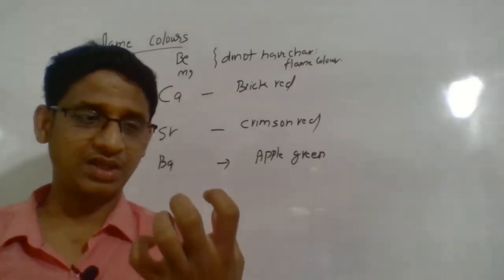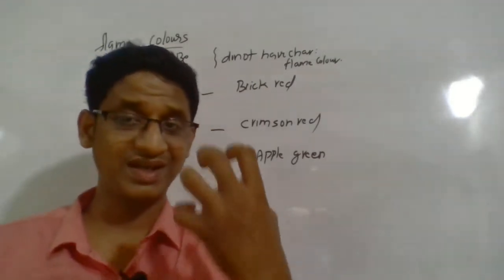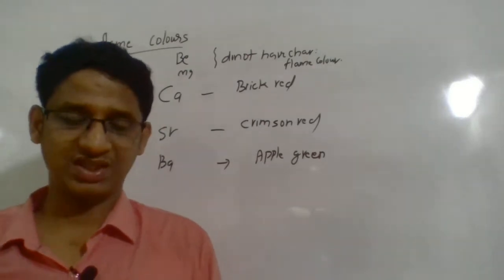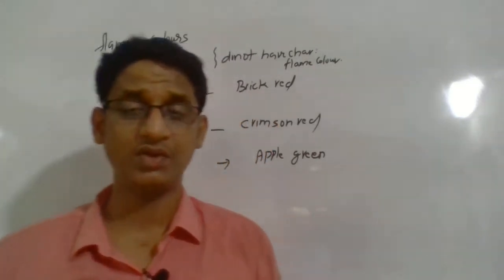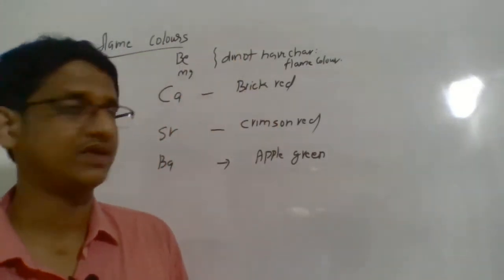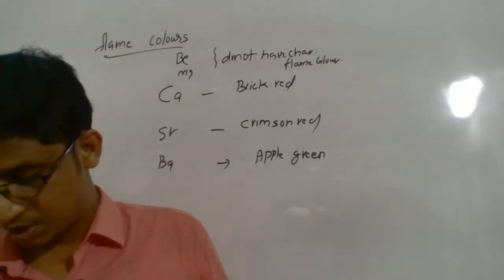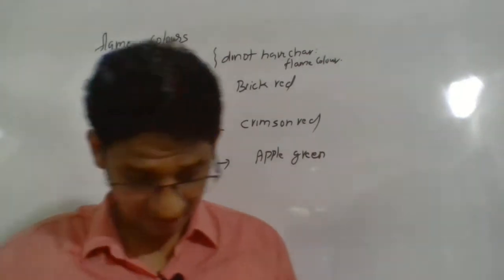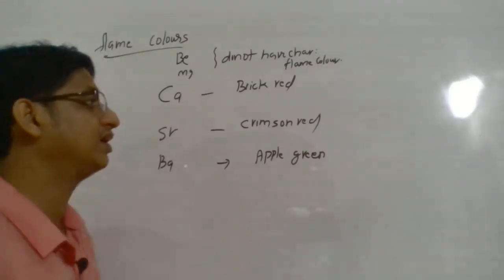Their outer electrons are more tightly bound to the nucleus, so heat energy is not sufficient to excite the electron. That's why beryllium and magnesium do not have a characteristic flame color. Please note that as an important point.